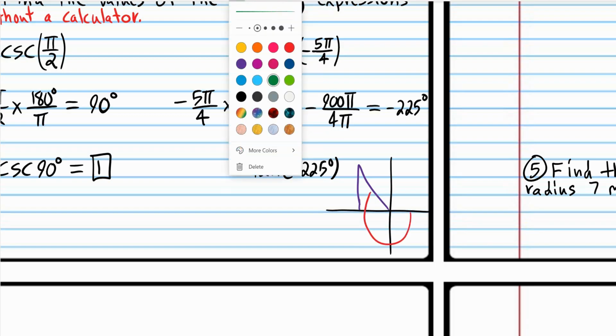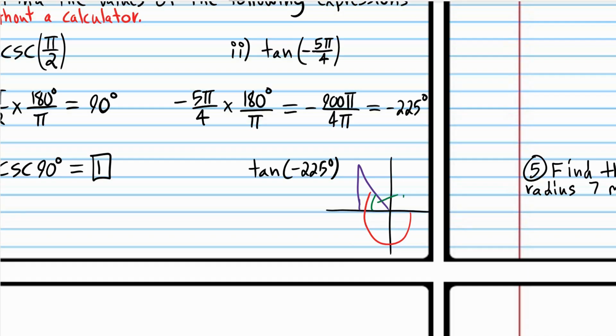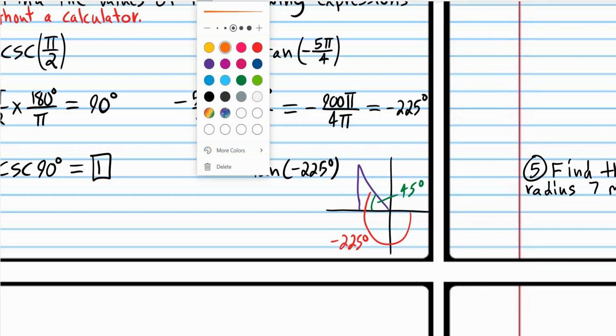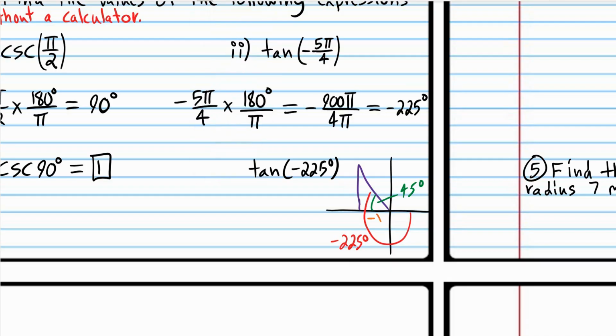So we have our green reference angle, it's 45 degrees, and our red reference angle is negative 225. And our sides are x, negative x, and x root 2.